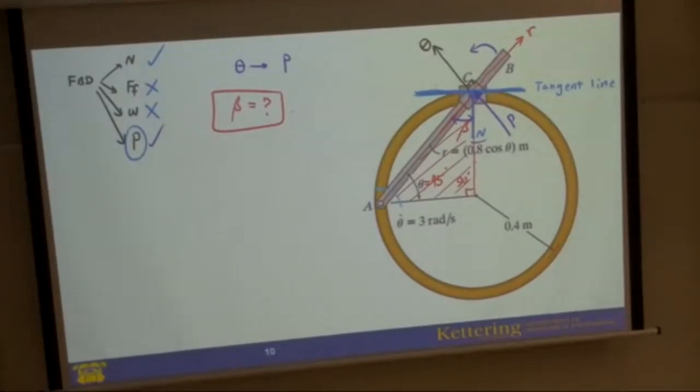Now, if beta is 45, it means that the normal force has one component along R, it is N cosine 45, and also one component along theta, it is N sine 45.